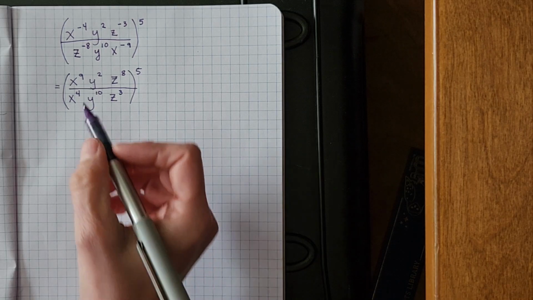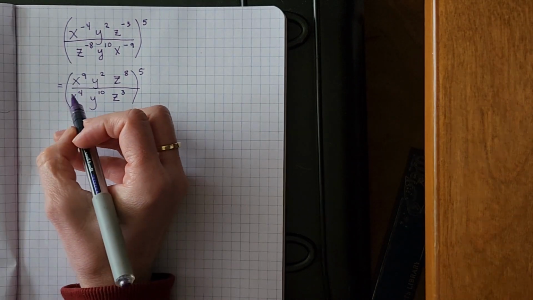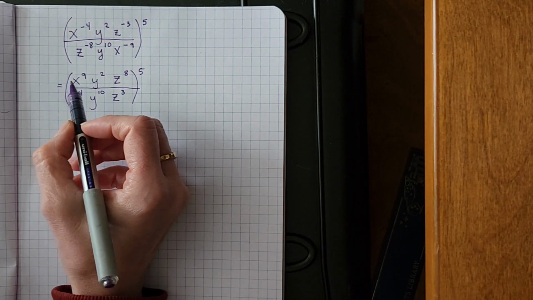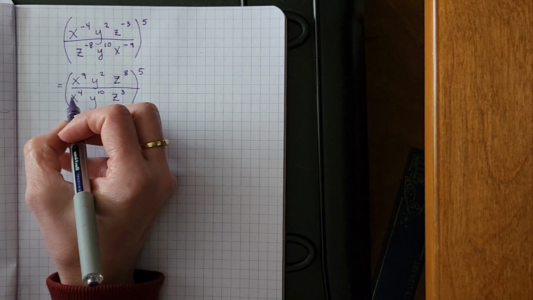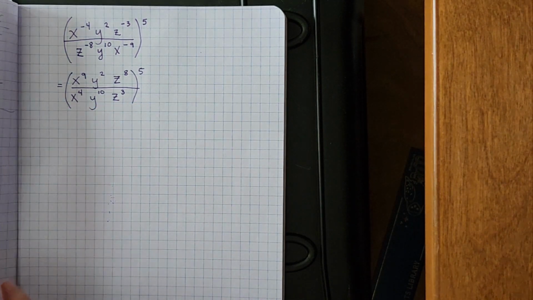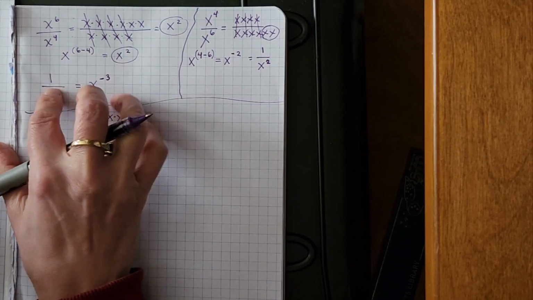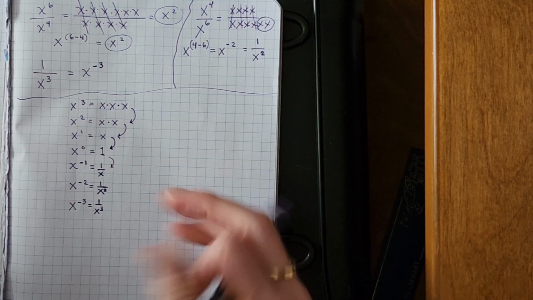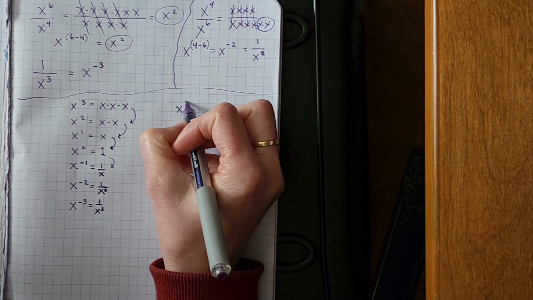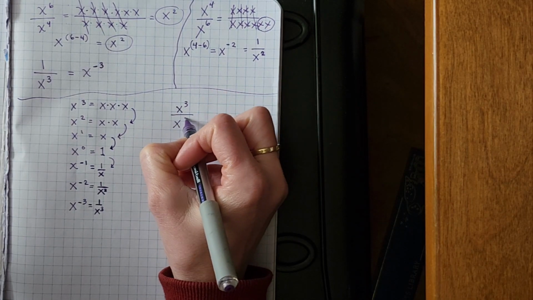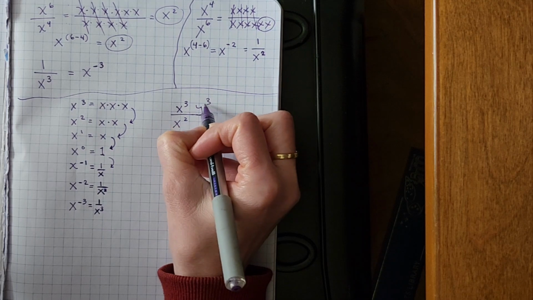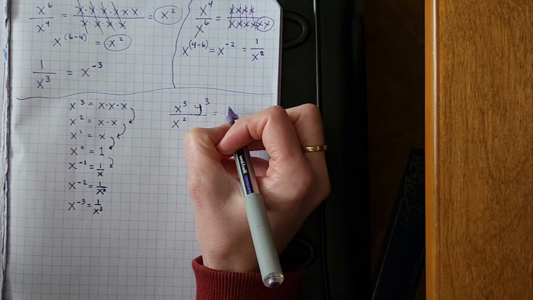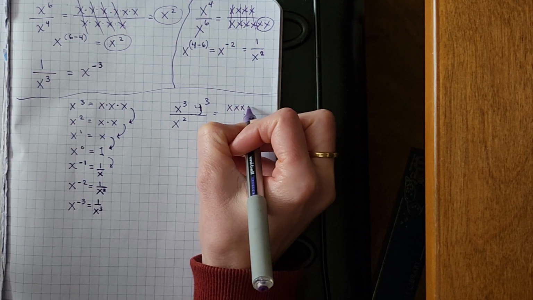Now let's do our handy-dandy subtraction rule. And of course we're only going to subtract the ones with the same base. It's only the ones with the same base that would actually be canceling out. If I had x to the third over x squared, y to the third over, yeah, okay, we'll just leave it at that.